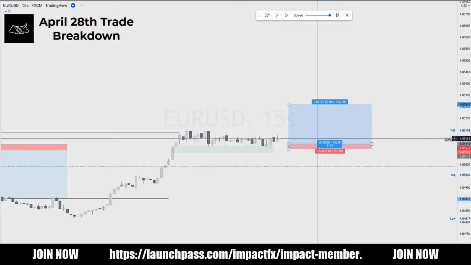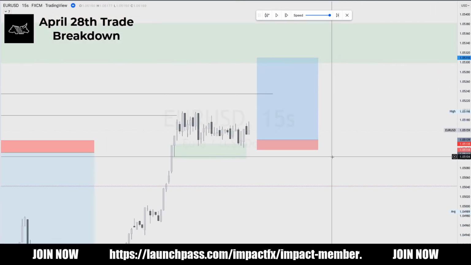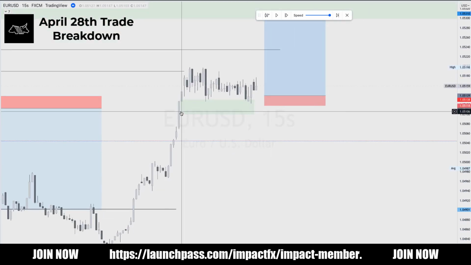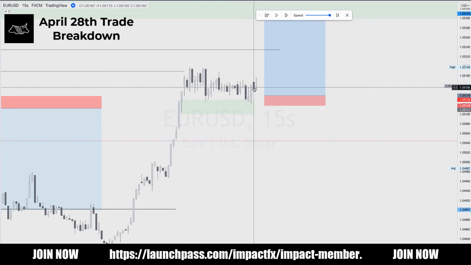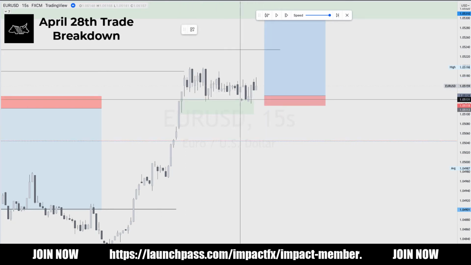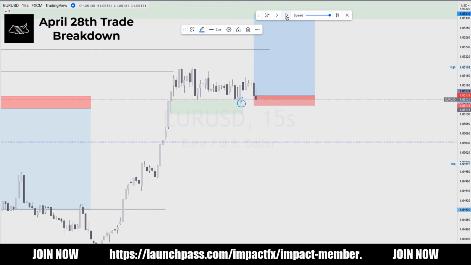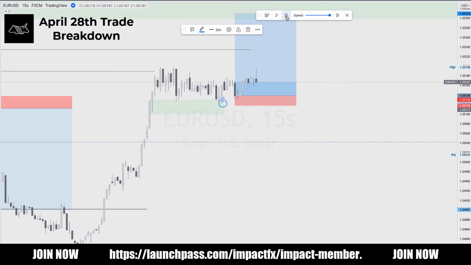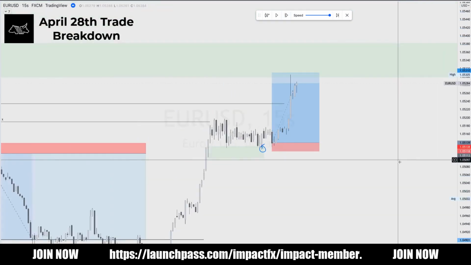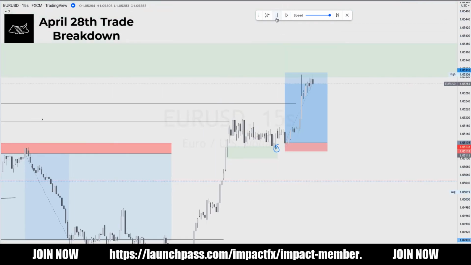So when price on the 15-second, you guys, held this OB for me, I was then interested in price not breaking this low. Okay. So I got into a pretty aggressive scalp here, and price came into it, and as you guys saw, it did not break that low, and it shot up and hit my TP very, very quickly.